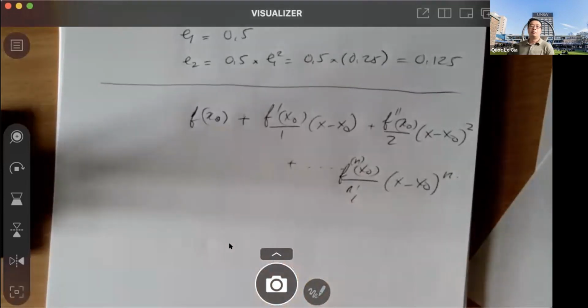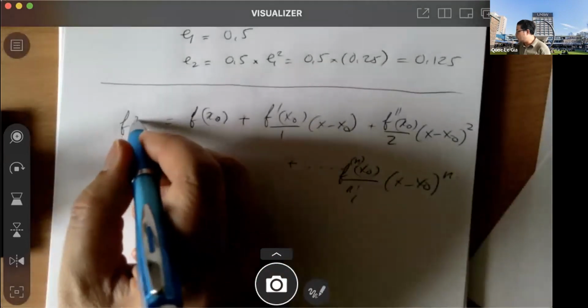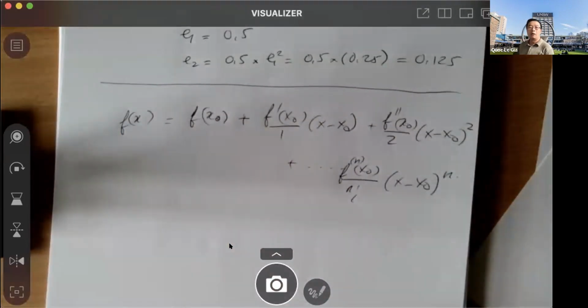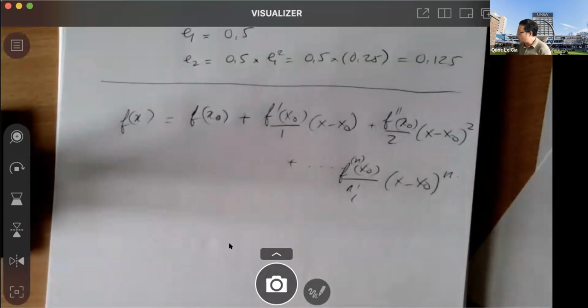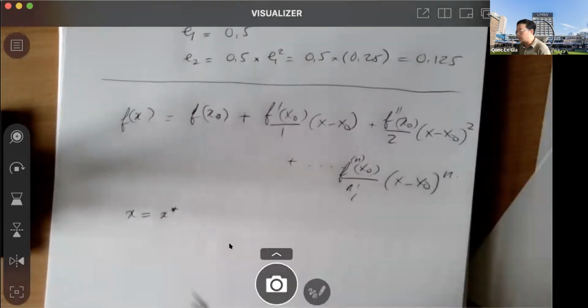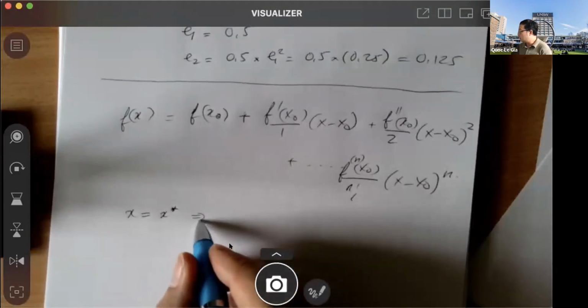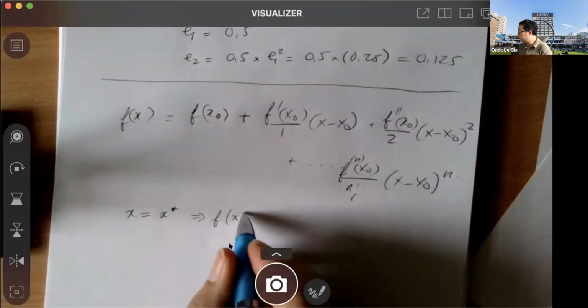Actually, this one is f of x around x0. But now I want to choose x to be x star. So what is the consequence? The consequence is f of x star equals 0.